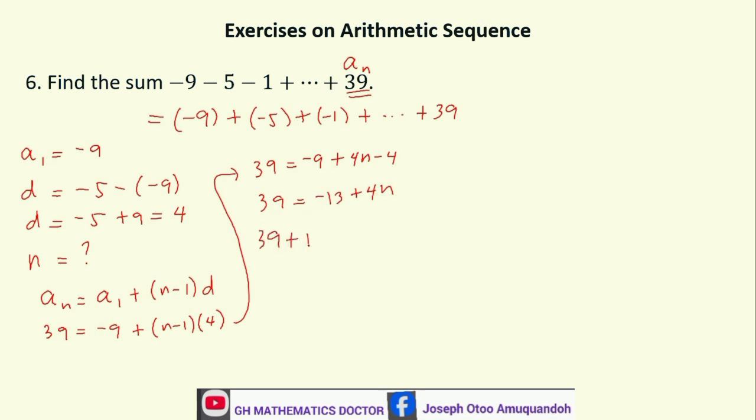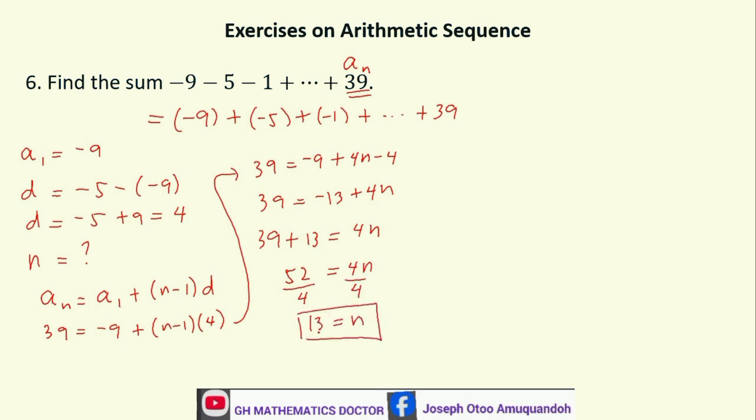So 39 plus 13 equal to 4n. Then after that we divide through by 4 to make the coefficient of n to be 1. So finally, our n is going to be 13.